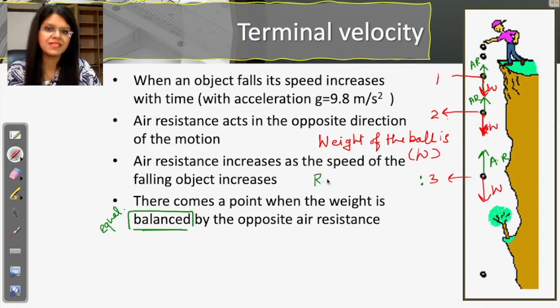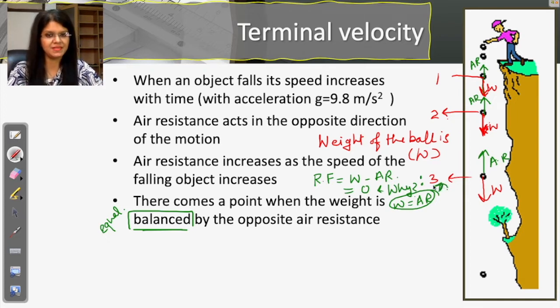RF is the resultant force. Weight minus air resistance. It becomes 0. Why is it 0? Because weight is equal to air resistance. At point number 3, the weight has become equal to the air resistance.